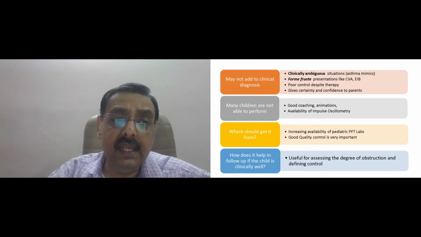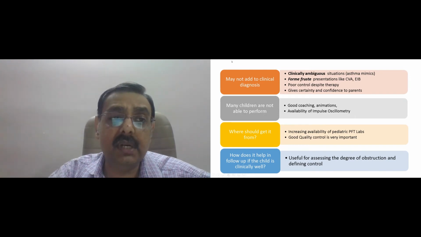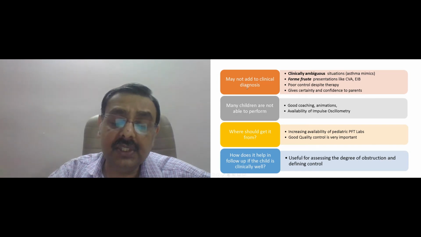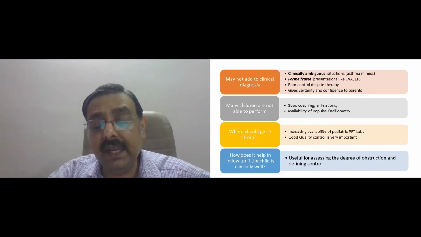So we talked about these questions: the child seems to have asthma, why should I do a lung function? It may not add to the clinical diagnosis. Well, there would be clinically ambiguous situations or asthma mimics which need to be defined.